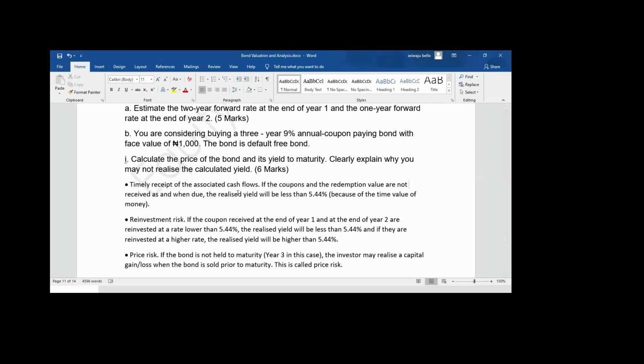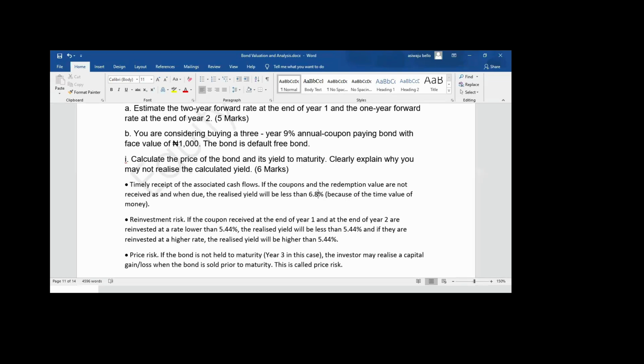If the coupons and the redemption value are not received as and when due, the realized yield will be less than 6.8% because of the time value of money. That is the first point.